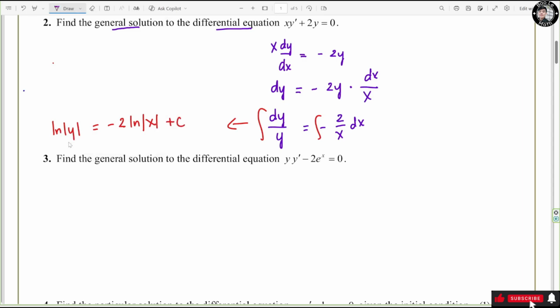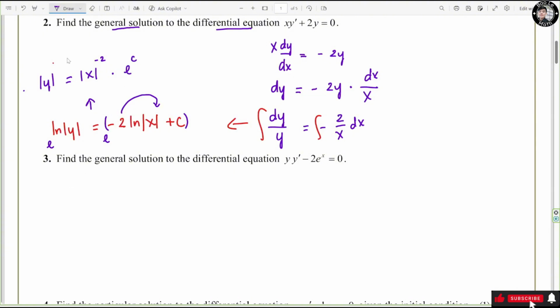To solve for y, you need to exponentiate both sides. So I have e to this one equals e to the whole thing right here. This turns out to be absolute value of y equals, bringing the negative 2 back over here, absolute value of x to the power of negative 2 times e to the c.